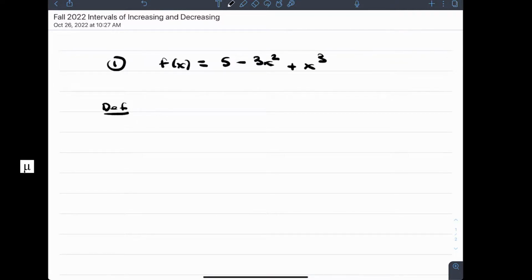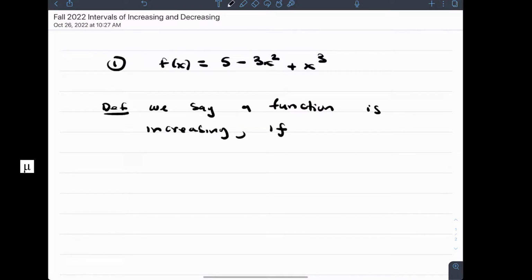So we say a function is increasing if f of x1 is smaller than f of x2 for all x1 less than x2 in an interval I.